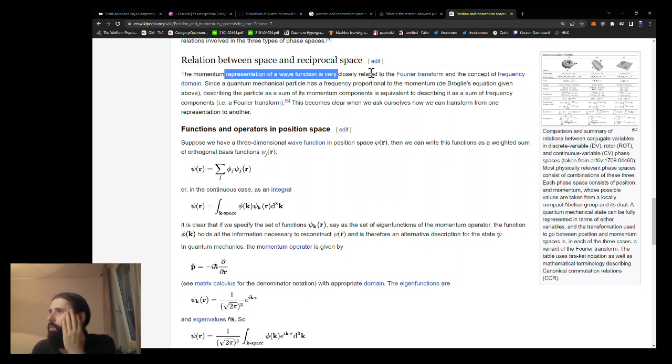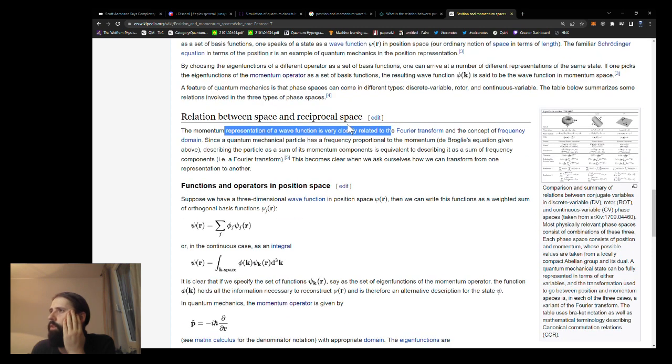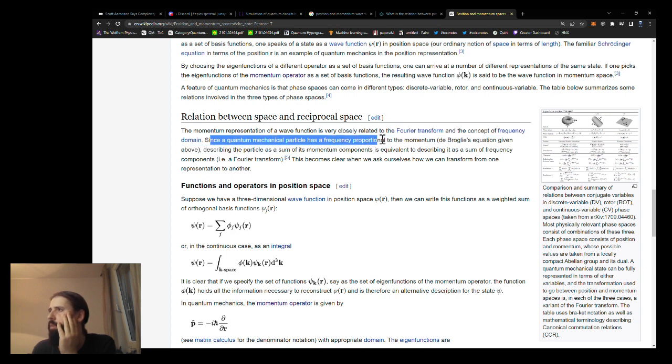Here they say the reason the wave function is very closely related to the Fourier transform in the constant frequency domain is because the quantum mechanical particle has a frequency. The frequency is proportional to the momentum. Describing the particle as the sum of its momentum components is equivalent to describing it as the sum of the frequency components.